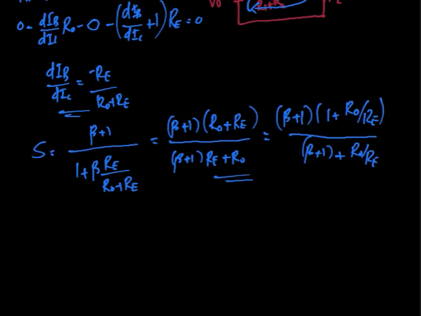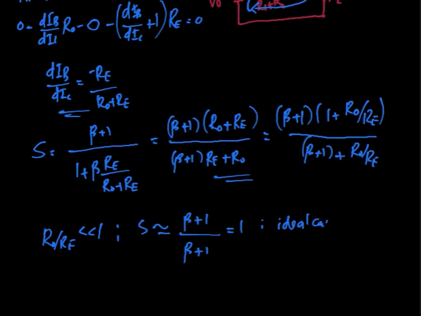Now let's make an assumption that R0 by RE is very much smaller when compared to 1. Then the equation becomes S is approximately equal to beta plus 1 divided by beta plus 1, which is equal to 1. So the ideal case, S is approximately equal to 1 for a voltage divider biasing circuit.